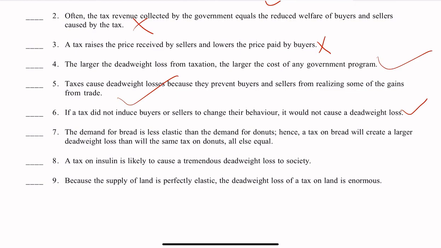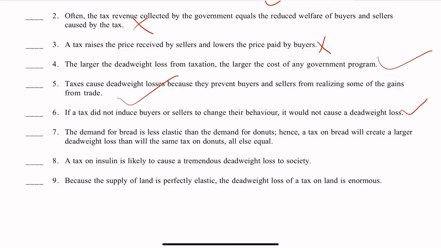Well, because buyers and sellers have changed their behavior. Buyers will buy less if they see a higher price because of the tax, right? So if we assume that imposing a tax does not change consumers' and sellers' behavior, then clearly the quantity will stay the same, at the original equilibrium quantity. So there would be no deadweight loss.